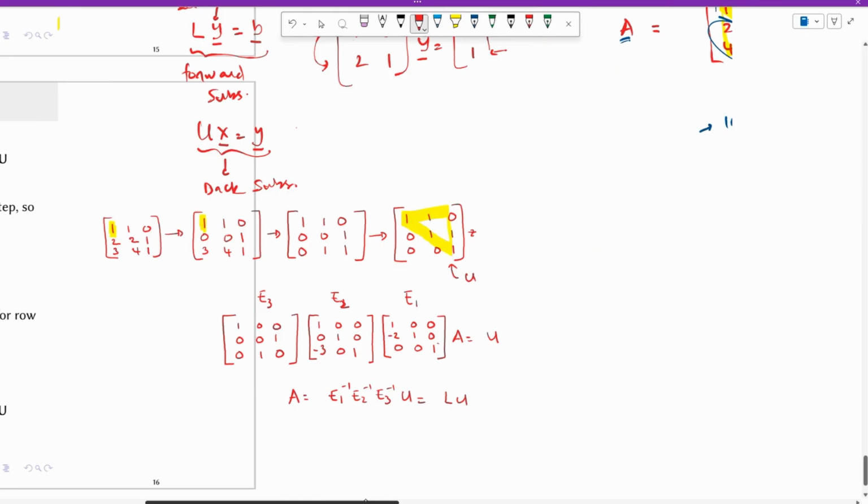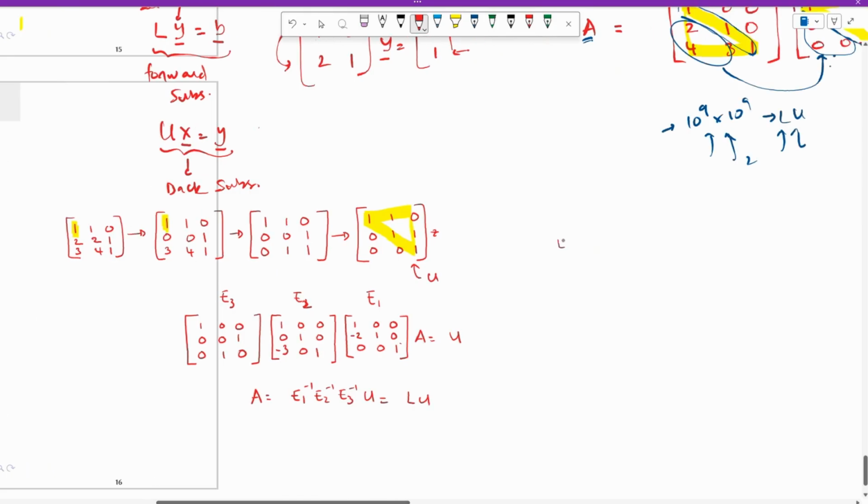Now let's first write down what is E1 inverse. The matrix that undoes operation E1. What about E2 inverse? What about E3 inverse?